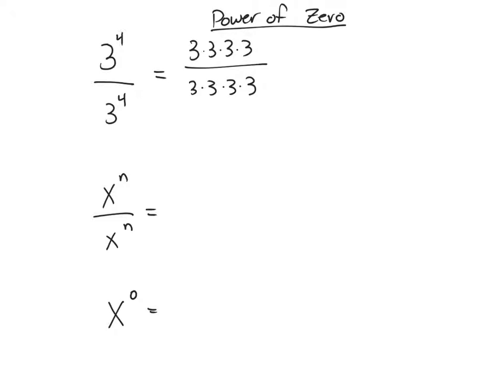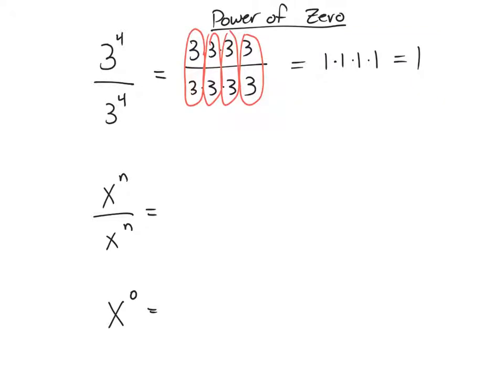And I see that I have things that are on the top and the bottom. This will become a 1, this is a 1, this is a 1, this is 1, because a number divided by the same number is 1. So really what we have here is a bunch of 1s being multiplied. 1 times 1 times 1 times 1, and that equals 1.